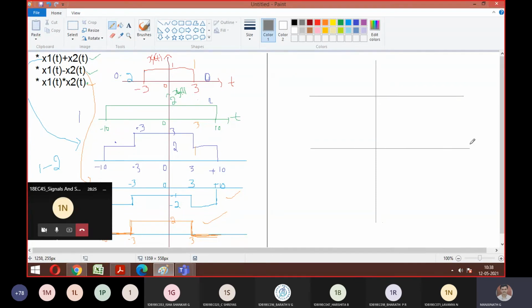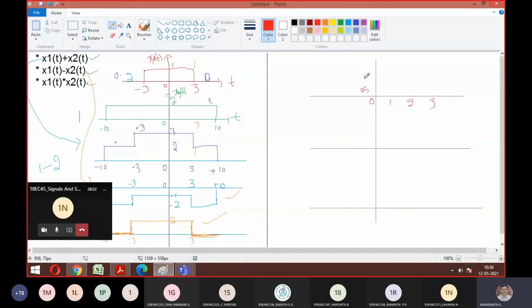They are given 0 here, then 1, 2, and 3. The corresponding amplitudes are 0.5 and 1. From 0 there is a ramp function till 1, so 1 on either side, it is 1 only.